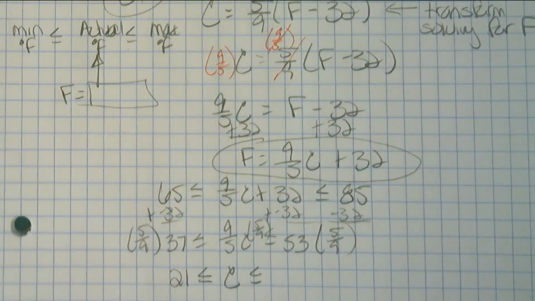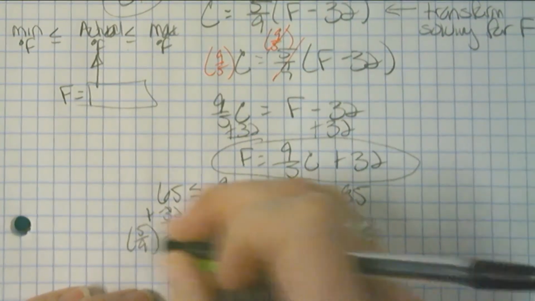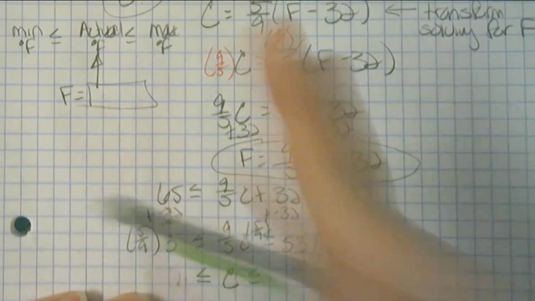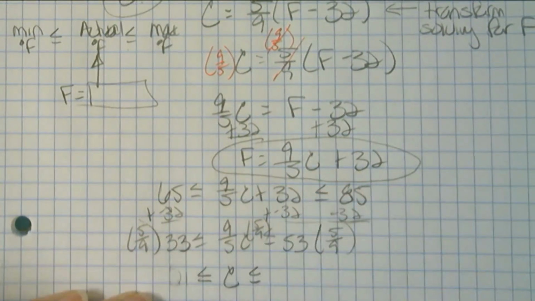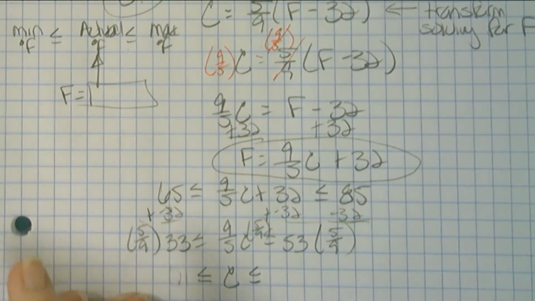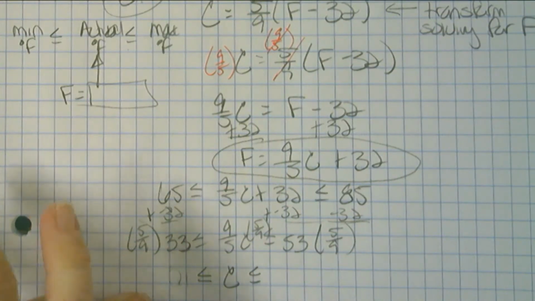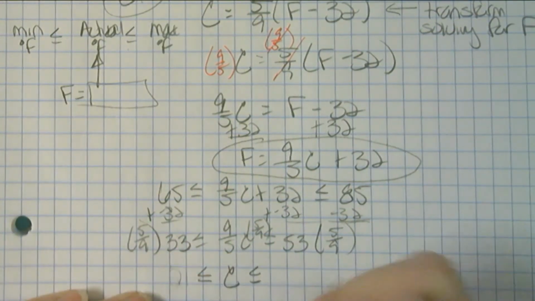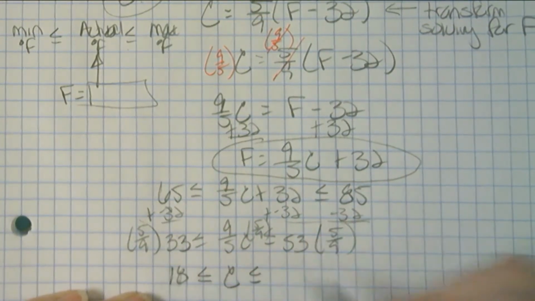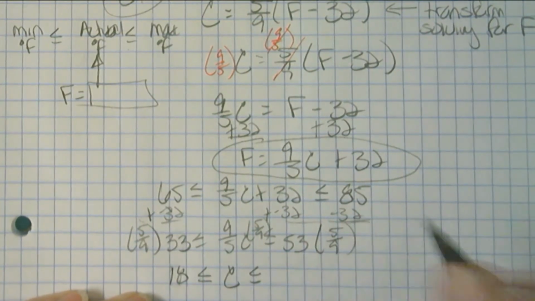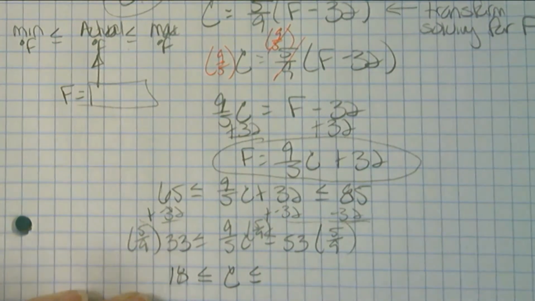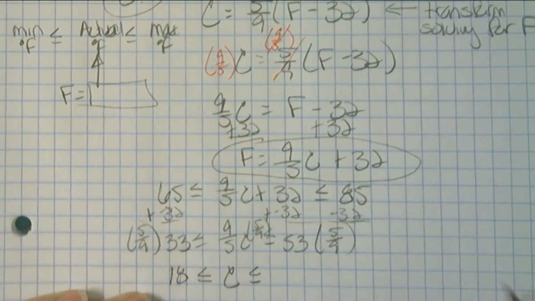What's wrong, Brian? Thank you very much. I'm so happy you're paying attention to what I'm doing. So this should be 18. I think I did that one right. So 53, so that's 165 divided by 9. And I end up with 18?